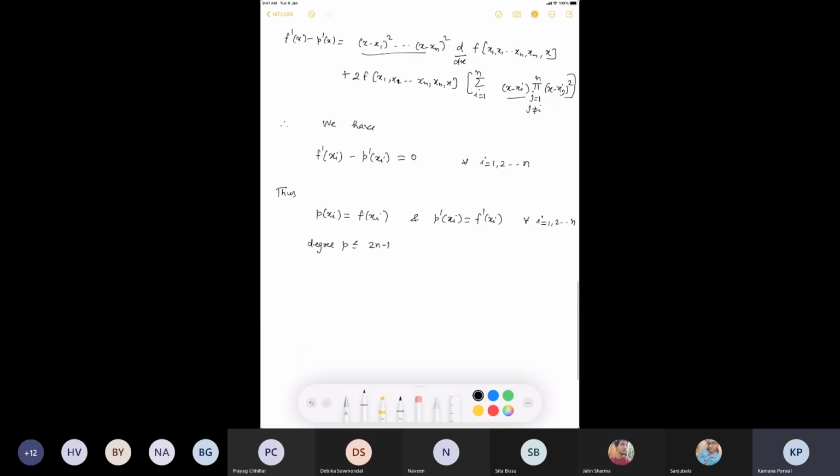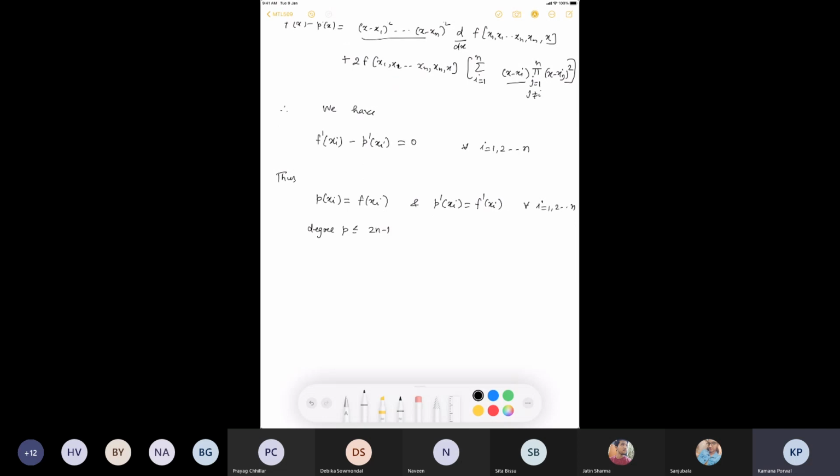Right? So therefore, I can directly use the uniqueness property of the Hermite interpolating polynomial.